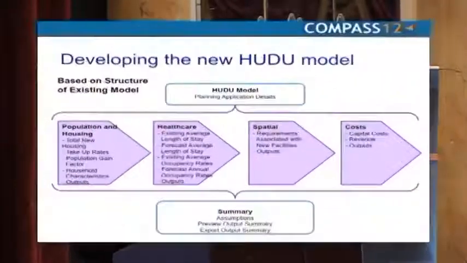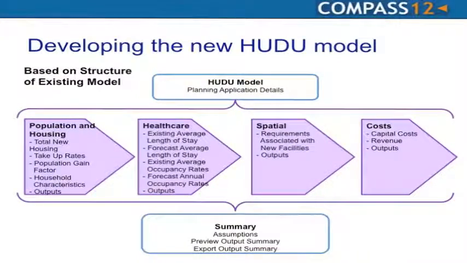What it's looking at is not the new population that you're bringing, because that population could be taken from an already existing part of your borough council and is moving to another part. That has no new implications for health. You're still dealing with the exact same population. It's the population gain, the new population coming from this new development, that's going to have an impact on the existing health service, and how you can plan for that and what impact that is going to be. So we're looking at this planning application.